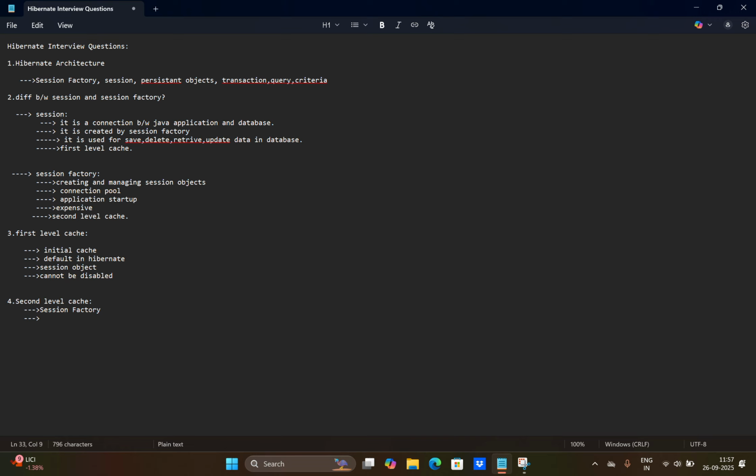The second level cache is a shared cache that can be accessed by all sessions managed by a specific session factory. Actually, the second level cache is optional in Hibernate. In Hibernate, the first level cache is recommended, but the second level cache is just optional to use.